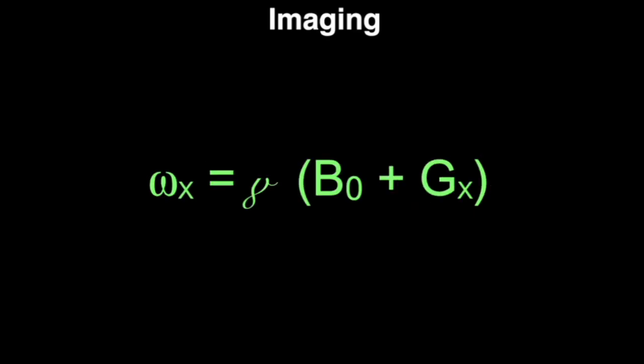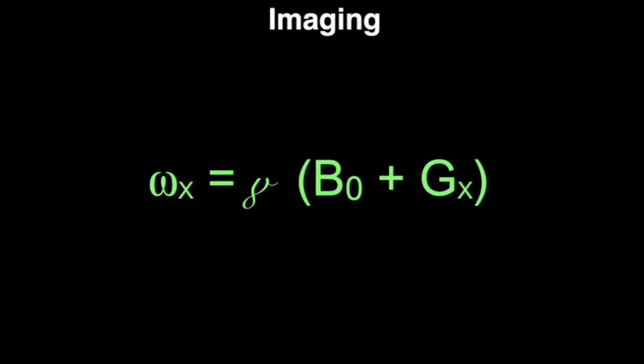Because we tend to have a very strong main field with a superimposed, smaller, linearly varying field, this is a very common formulation in imaging: omega x is the gyromagnetic ratio times the constant main field B0, plus a spatially varying gradient, which is smaller.